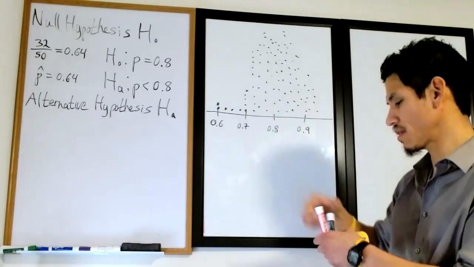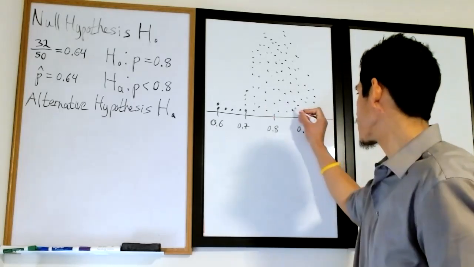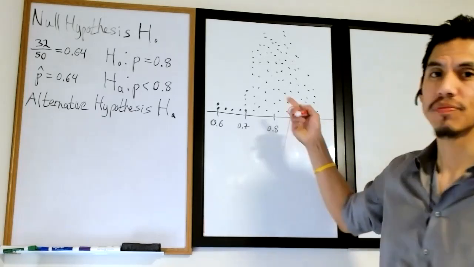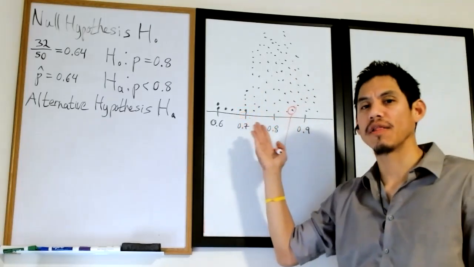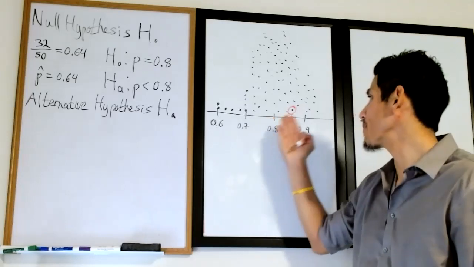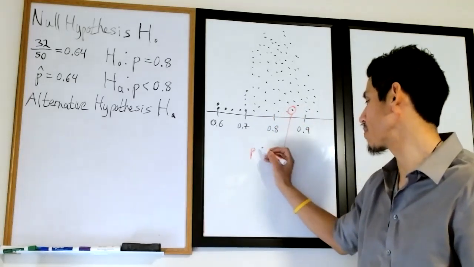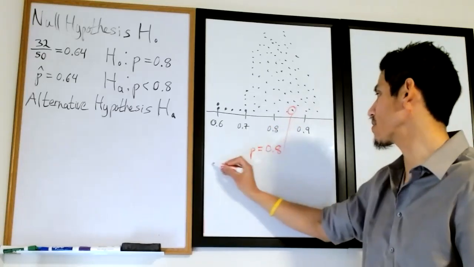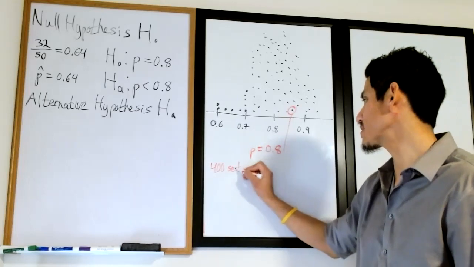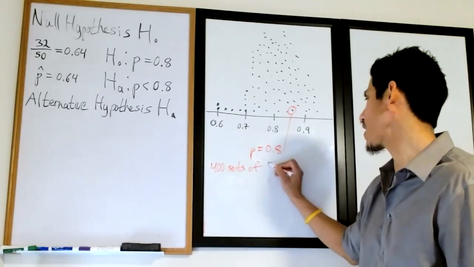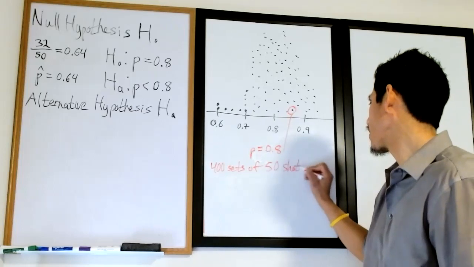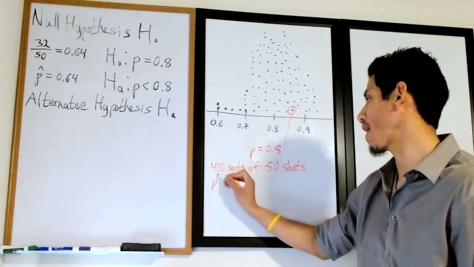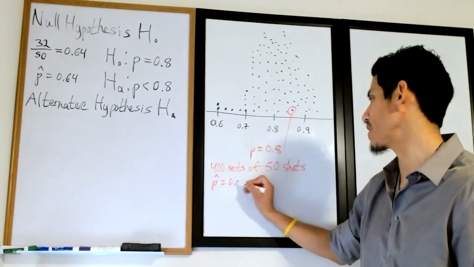Each of these dots, let's just pick one. Each of these dots represents the proportion of made free throws if the true proportion is 0.8. If you took 400 sets of 50 shots, and we got a p hat of like 0.8, 0.82.